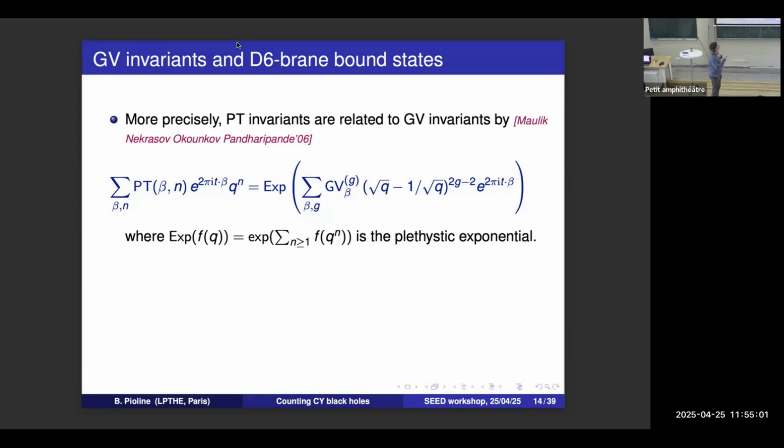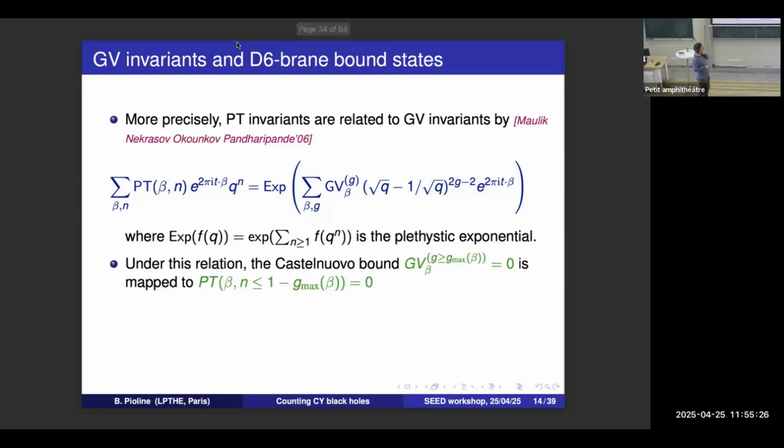It is just a shorthand for writing what would be an infinite product with exponents determined by these Gopakumar-Vafa invariants. So you might know other versions of this formula in terms of infinite products. But that's that. So if you know how to compute the GV, you know how to compute PT and vice versa. And in a way, you can use this formula to define the GV invariants in terms of well-defined or well-behaved moduli spaces.